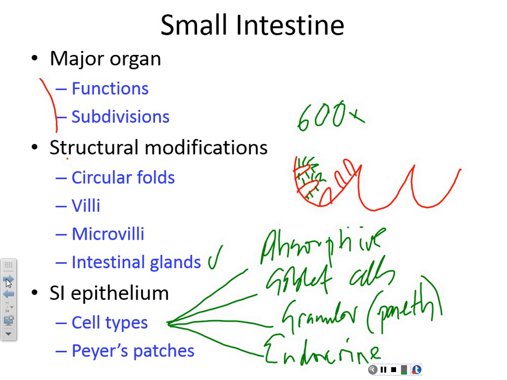All right, and of course you've got the Peyer's patches, which are lymphatic nodules. Okay, you know what they do. They're involved in getting all the bacteria and whatnot, along with the granular cells that have to do that. Okay. So the hormones in the small intestine are secretin and what? Cholecystokinin.